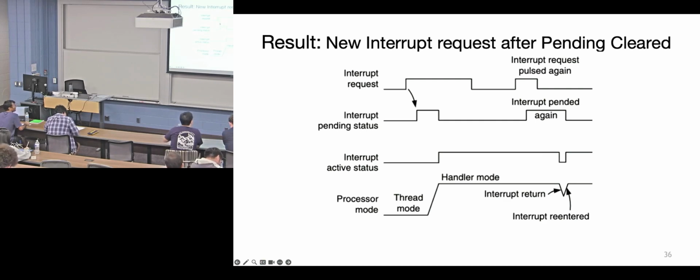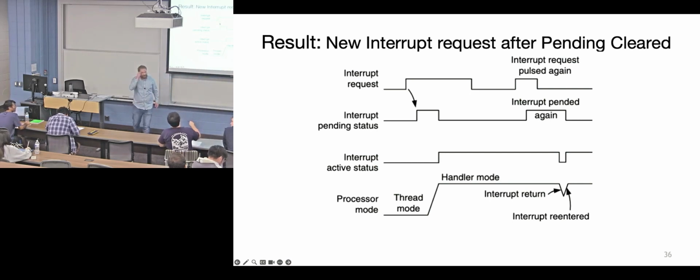You're doing tail chaining here. You come back out, and then you go right back into interrupt. So I misspoke before when I said that pending can't go high if you're active. I was wrong. Pending gets deasserted when you go inactive, but then something else can cause pending to go high again.